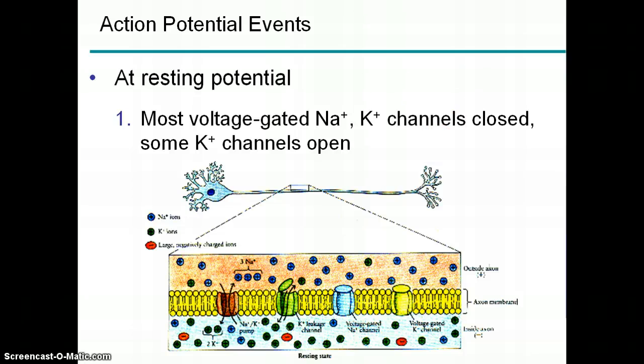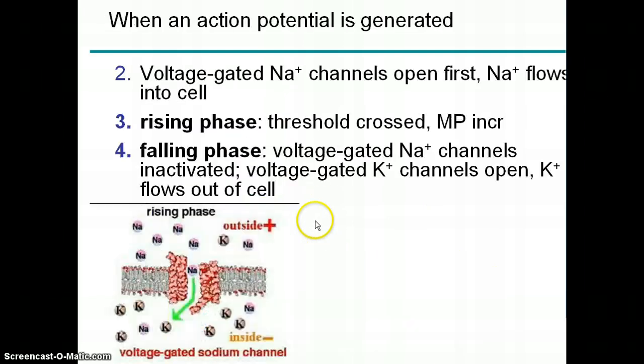All right, well, this sort of basically takes us step by step through what we've already discussed. Again, at rest, most of the channels are going to be closed. You get some potassium channels that are open, stuff that leaks out, and it's negative on the inside. Now, with there being a stimulus, some of the sodium channels may open. If you reach threshold, then they'll all open, and you get this rapid change in membrane potential.